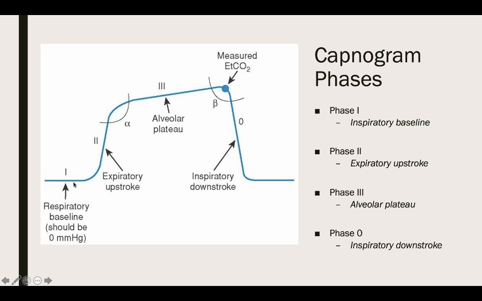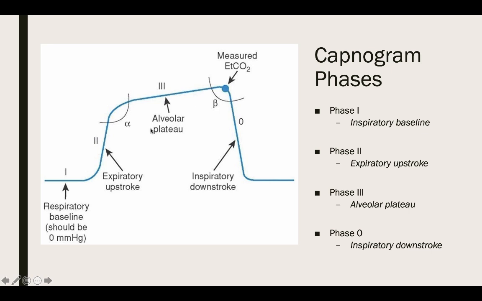If I'm taking a breath in, I'm obviously not breathing out any carbon dioxide. And then we get to phase 2, our expiratory upstroke. I start to breathe out CO2.